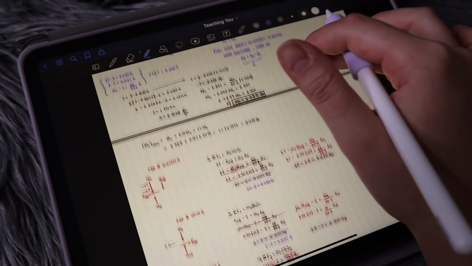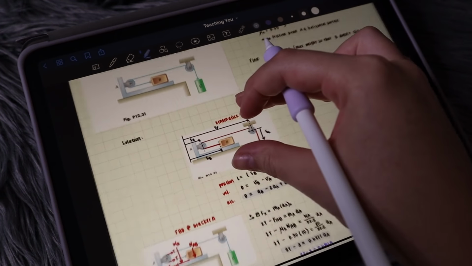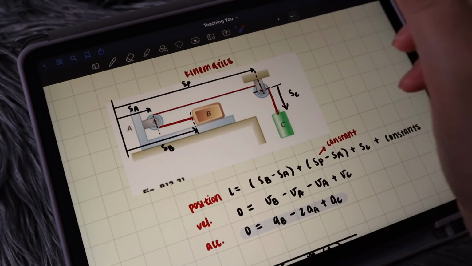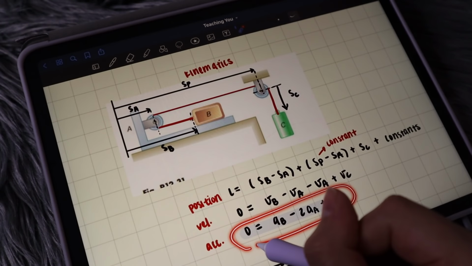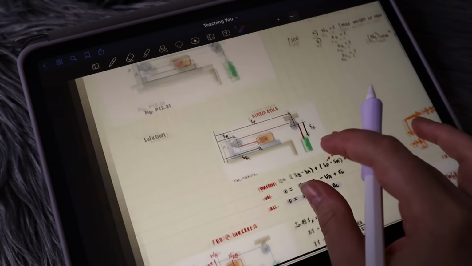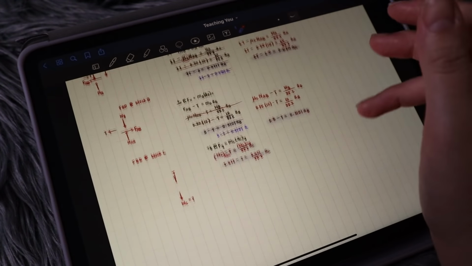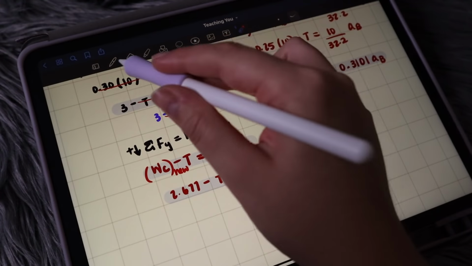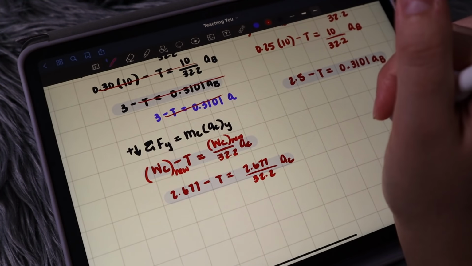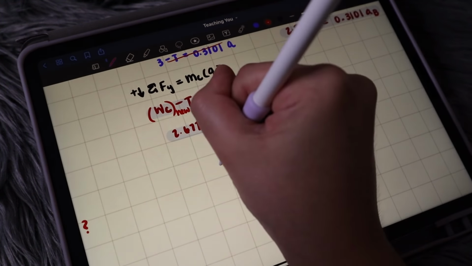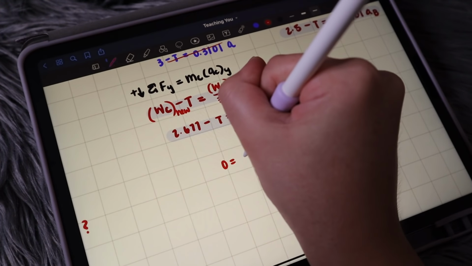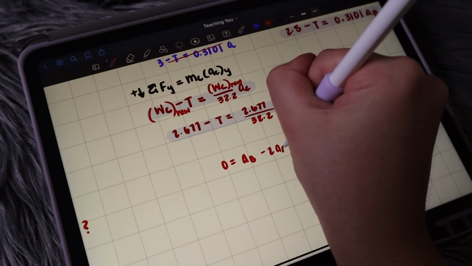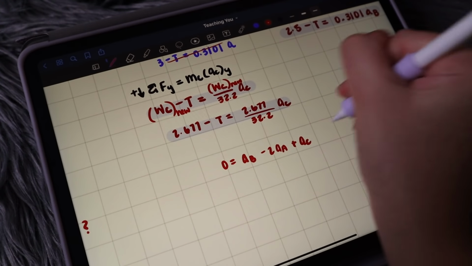Okay, so we also do have this equation that we got earlier. So we could use that as well. That's the relationship between each of the bodies. So we can add that in as another equation. So that was 0 equals AB minus 2AA plus AC.